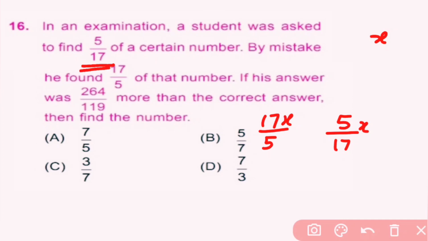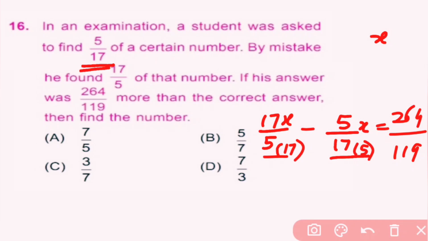If his answer was 264 by 119 more than the correct answer, means this one is his correct answer. So here we need to subtract. Then the answer will be 264 by 119. So now we will make their denominators the same by multiplying here by 17x and here by 5.